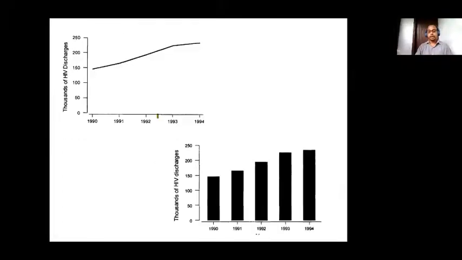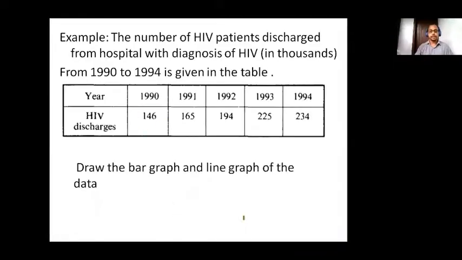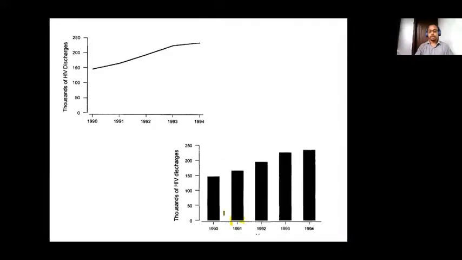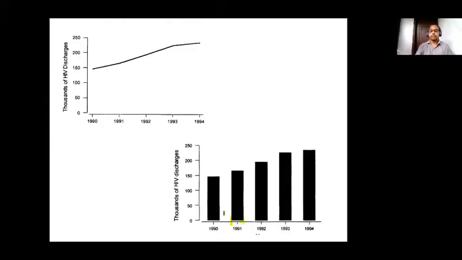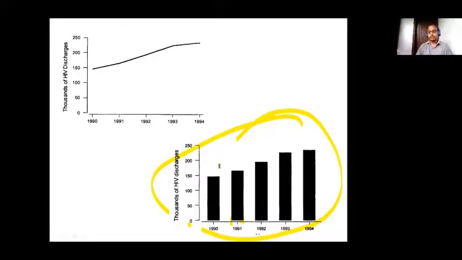Similarly, in 1991 we take a rectangle symmetric with respect to 1991 and the height is the data 165. So this table can be pictorially represented by the bar graph like this.